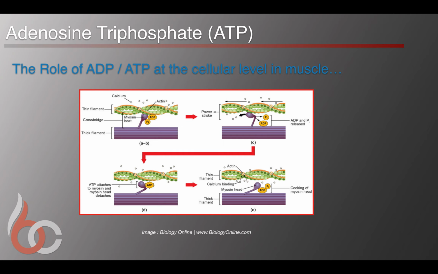So you can imagine if ATP is being demanded at a rate that is higher than the rate at which it can be rephosphorylated and kind of reset, turned back into ATP, that what we would eventually end up with is a situation where we actually have a cross bridge happening for a longer period of time.